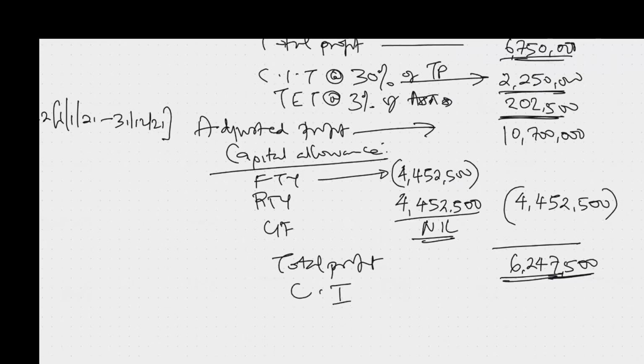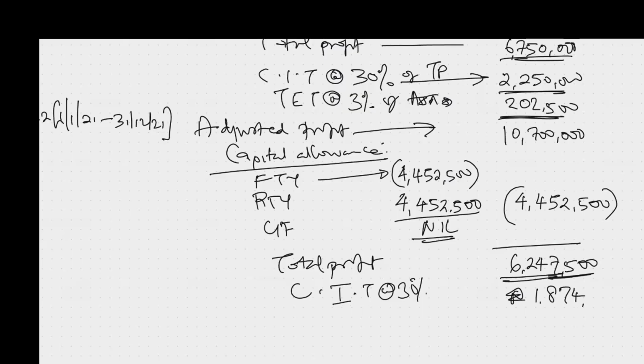On that, compute your company income tax at 30%. So what do you have? We have 1,874,000. No, it's not possible. 30% of this is what? 1,874,250. Okay.